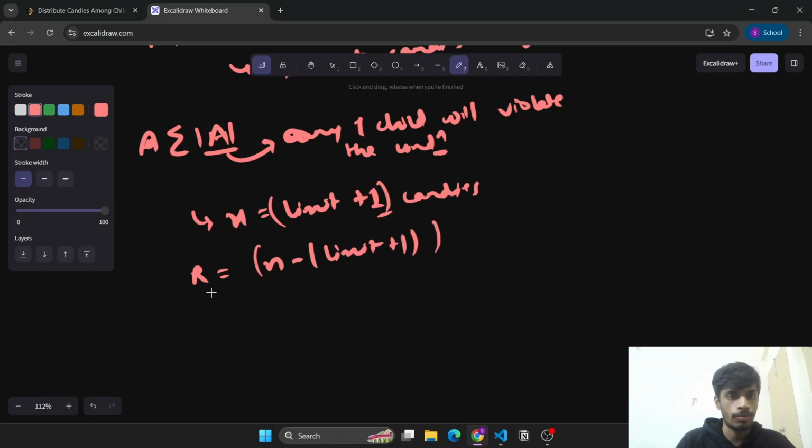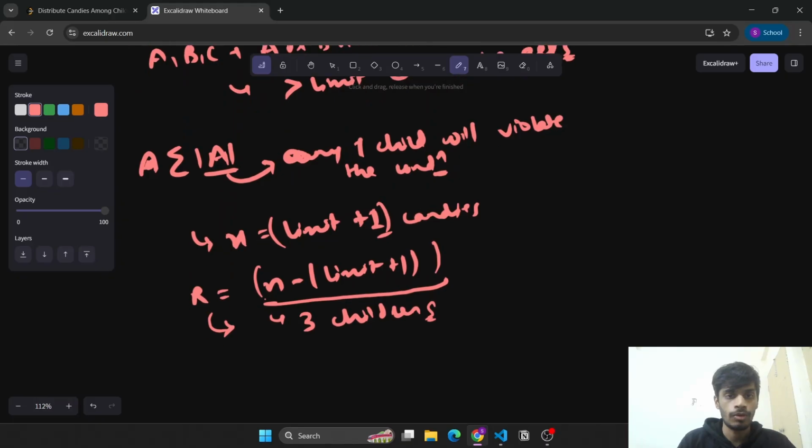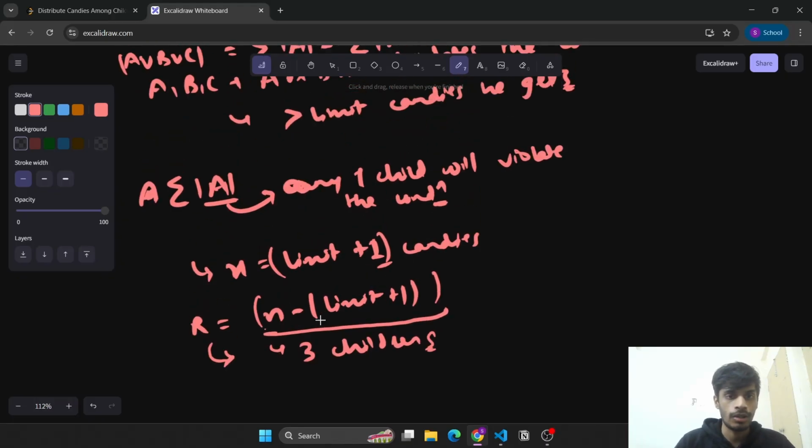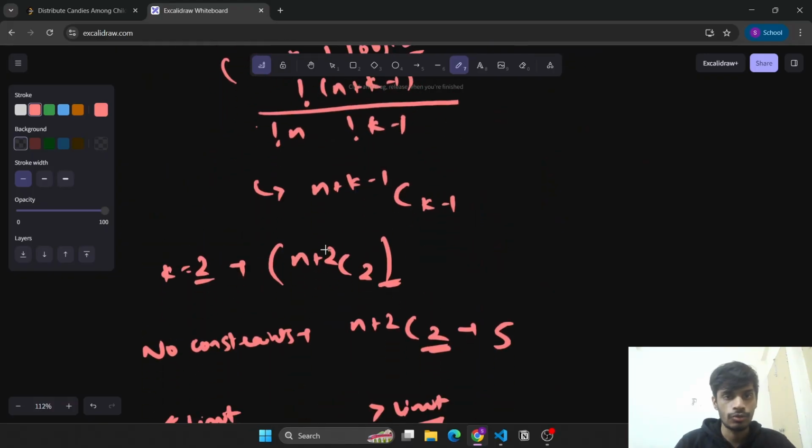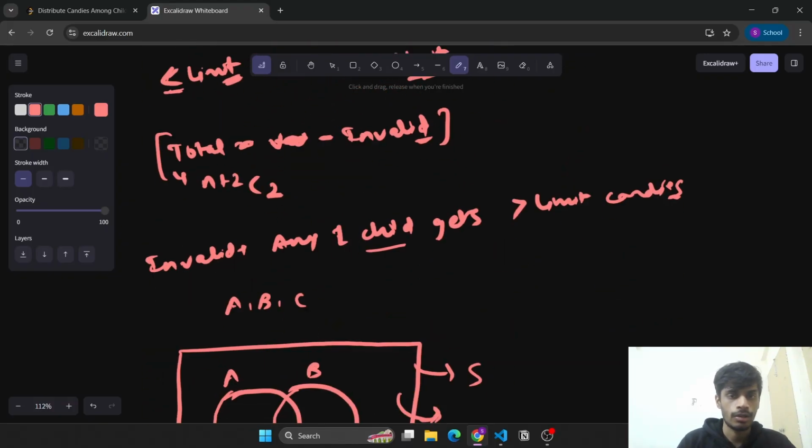Now again the same problem remains. We can redistribute these remaining candies to the three children because we have already violated the condition. The formula for distributing n candies to three children was n plus 2 c2, right?